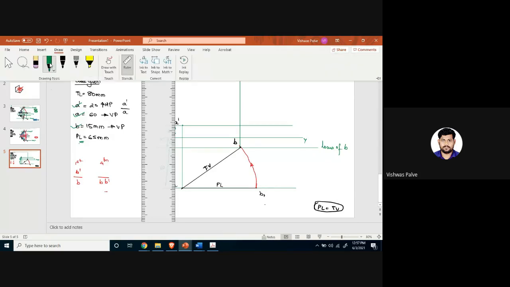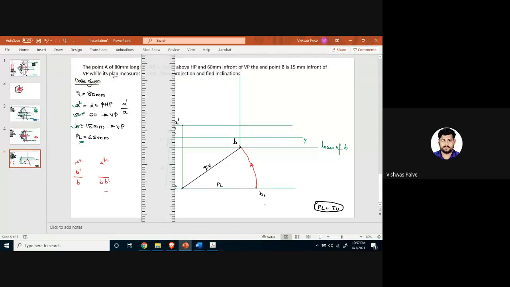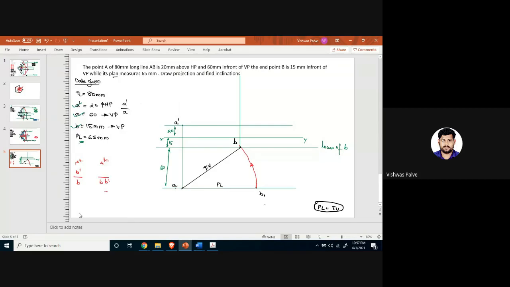For that, you take 80 millimeter in the compass. Directly you measure 80 millimeter in the compass, taking point A as a reference. You have to cut an arc somewhere on locus of B. Here you cut an arc.